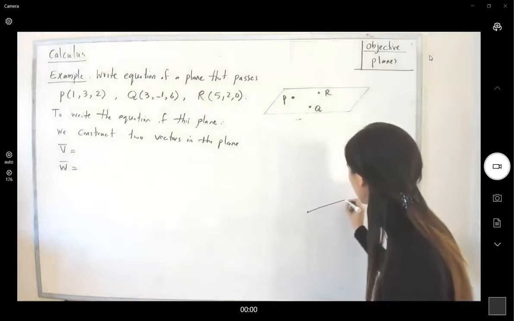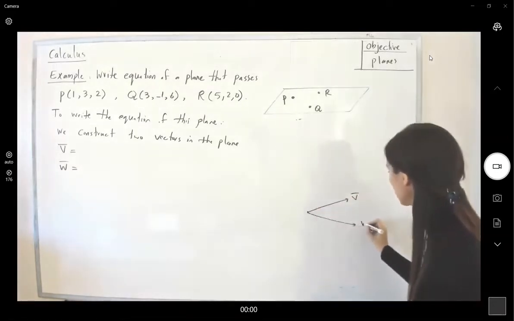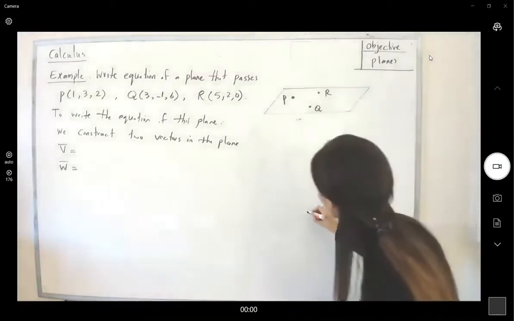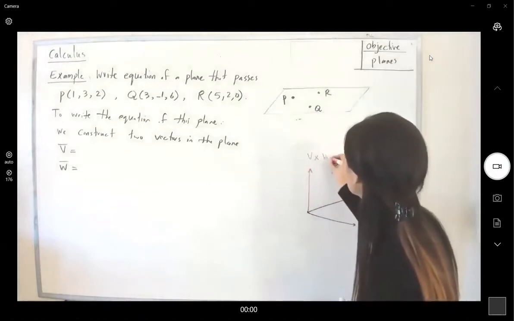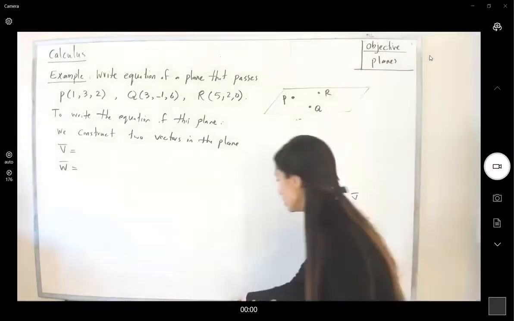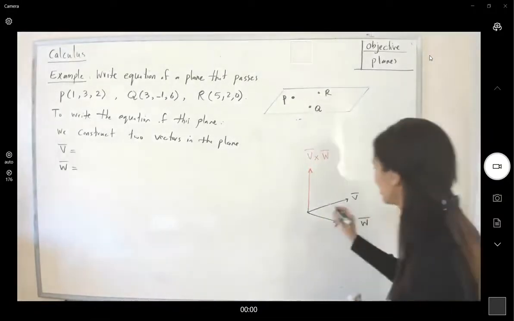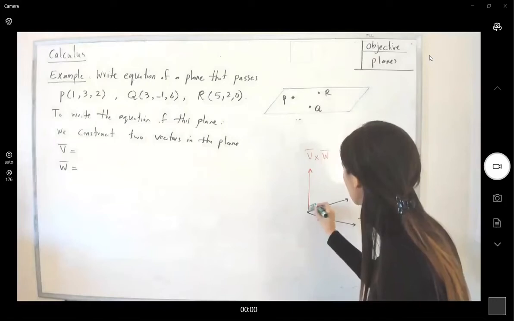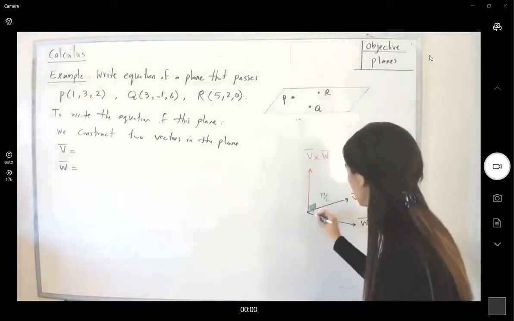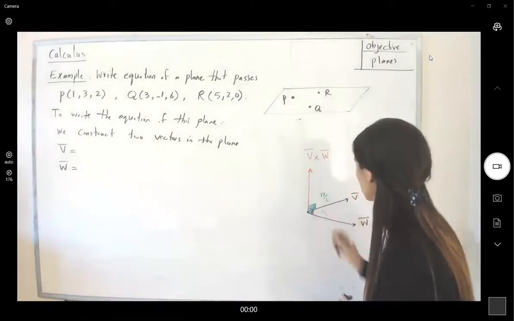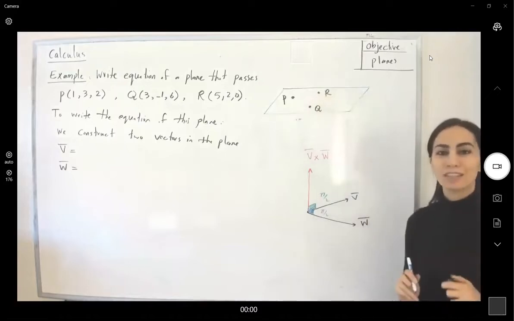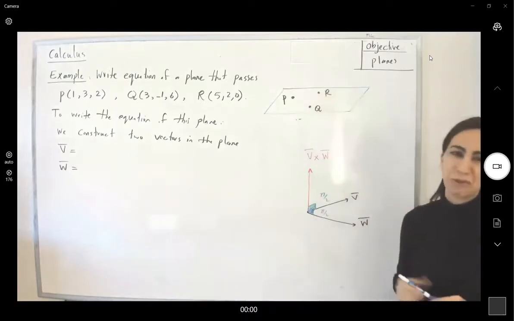If you have two vectors like V and W, we can construct the cross product V cross W. The outcome is a new vector, which is perpendicular, orthogonal, normal to vector V and also to vector W. So after finding two vectors in the plane and their cross product, we can call that our normal vector.